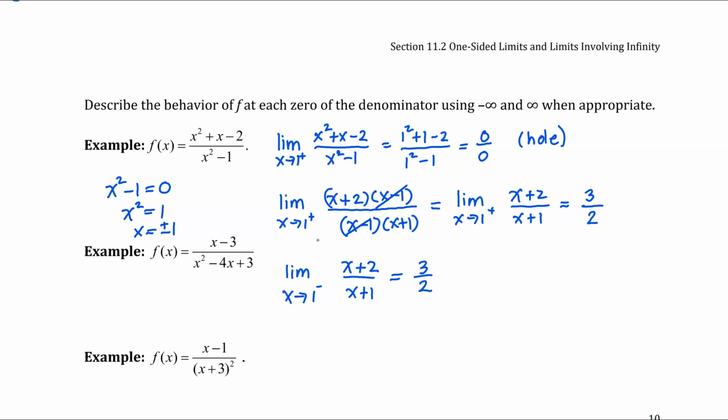So in this case, we say that the limit of the function f of x as x approaches 1 is equal to 3/2.